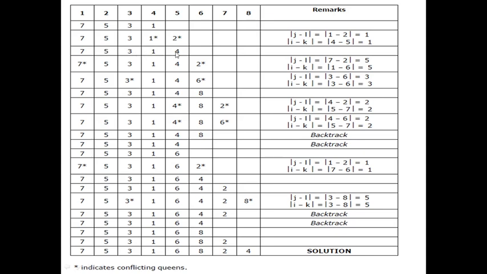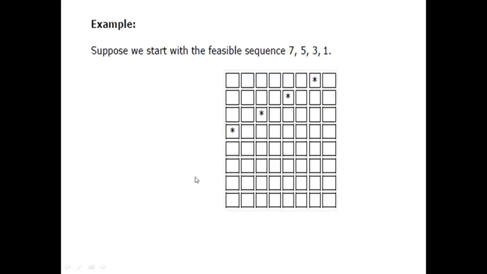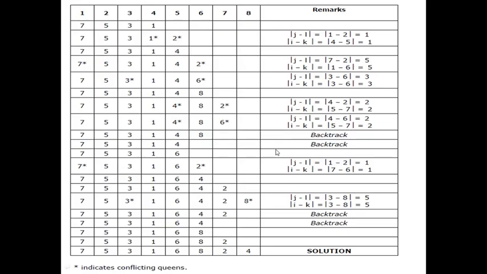The numbers you can try are the numbers except 7 5 3 1, that means 2, 4, 6 and 8 only. Then you take the next number 4, and 4 is okay, you can try there. Second column, fourth row. Here there is no conflict. Therefore assume that you are placing it here.